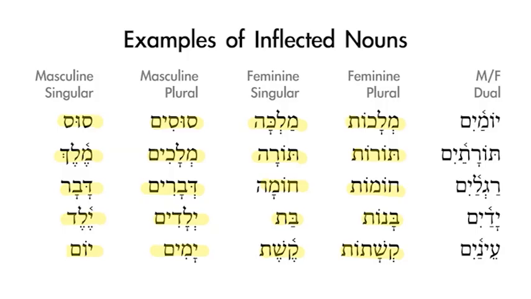And then finally, let's look at a variety of dual nouns: yomayim, torathayim, raglayim, yadayim, and einayim. You can see all of those nouns end with that ay diphthong followed by the mem and are easily identified as dual. Now, there aren't that many dual nouns in Hebrew, so you're not going to see those as much as you see the singular and plural nouns. So those are really the ones to focus on.